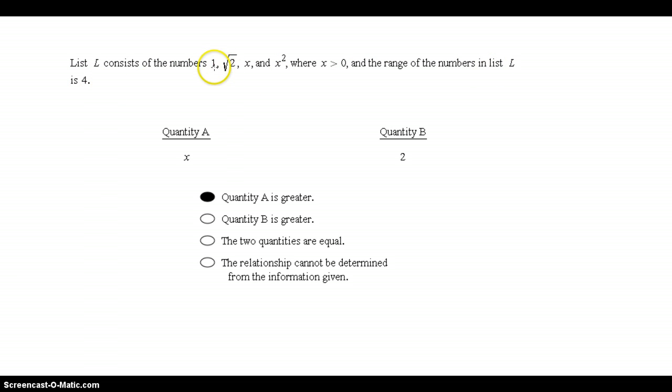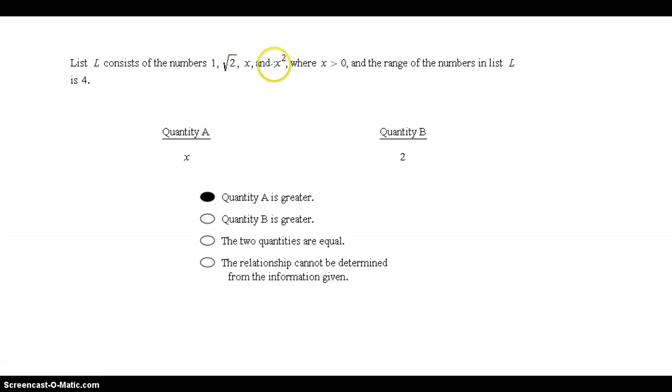It says the range of the numbers in the list is 4. So we really either have to have x be a negative number and be 4 less than the square root of 2, or we have to have x be 4 higher than 1, which would give us 5. But if we did that, then x squared would be 25. So that would be a range of 24 overall. The only way that x squared would be less than x is if x was a number between 0 and 1.